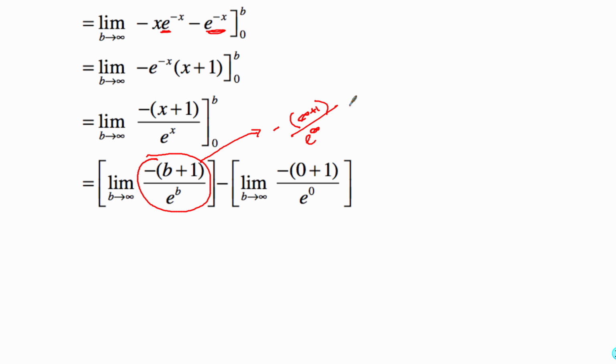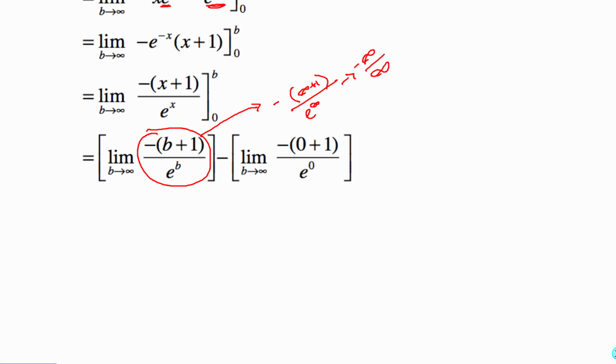Well, e to the infinity is some huge number, so we're going to end up with a version of an indeterminate form, so we're actually going to have to use L'Hopital's rule to help us out with this one. On the other piece, 0 plus 1, all of that in parentheses, e to the 0, that we're not going to need to use L'Hopital's rule for, so we'll be okay with that.